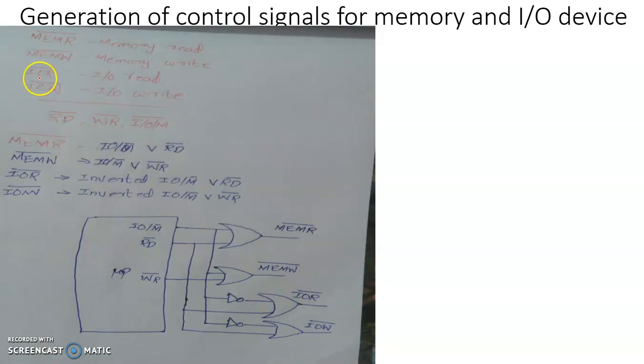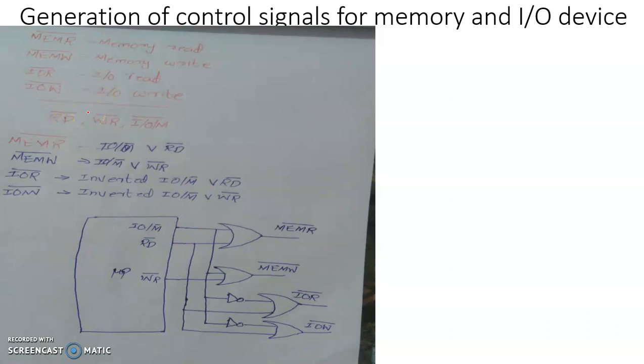An active low I/O read IOR bar signal is to be sent to an IO device so that it can perform a read operation of an input device. An active low IOWR bar signal is sent by the processor to an output device so that it is capable of sending 1 byte of data to this output device.